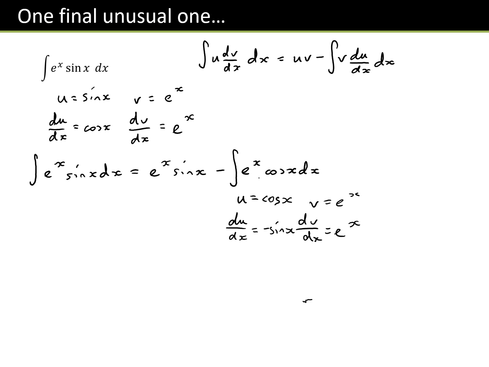So this will become e to the x sine x minus the answer to this thing, which is e to the x cos x minus the integral of v du dx. So this things times together, so minus e to the x sine x dx.